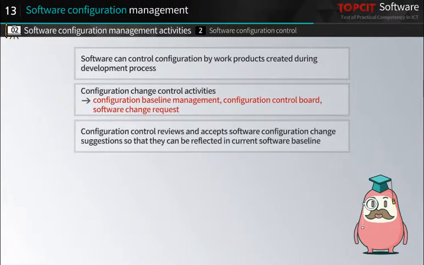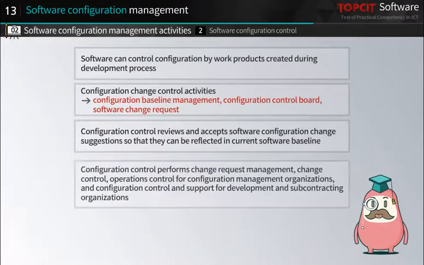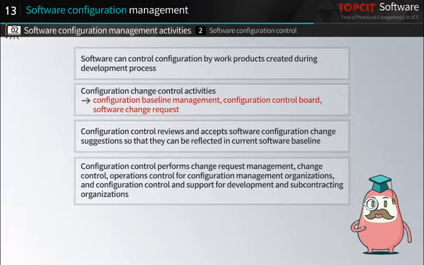Configuration control reviews and accepts software configuration change suggestions so that they can be reflected in the current software baseline. In addition, configuration control performs change request management, change control, operations control for configuration management organizations, and configuration control and support for development and subcontracting organizations.